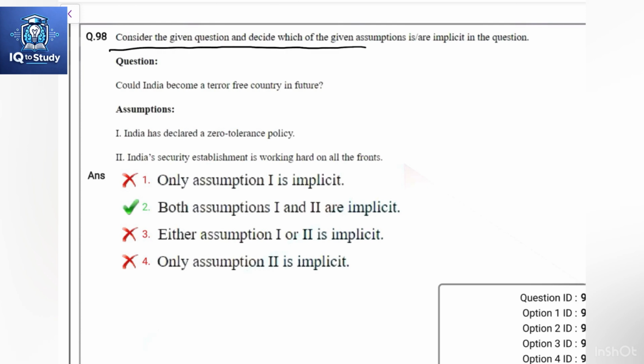Consider the given question and decide which of the given assumptions are implicit in the question. The question is, could India become a terror-free country in future? And the assumptions are: assumption 1, India has declared a zero tolerance policy; and assumption 2, India's security establishment is working hard on all the fronts.